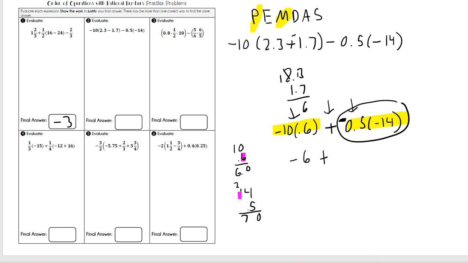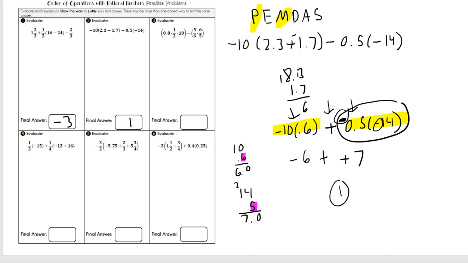There's one number to the right of our decimal in our problem, so there needs to be one number to the right of the decimal in our answer. And we have a negative times a positive, which is a negative 7. Sorry, a negative times a negative. Okay, we have a negative times a negative, which leaves us with a positive 7. Now we just need to combine a negative 6 with a positive 7, and that gives us a 1.